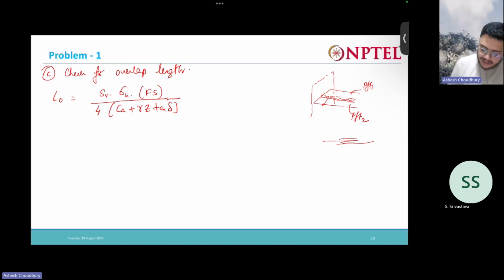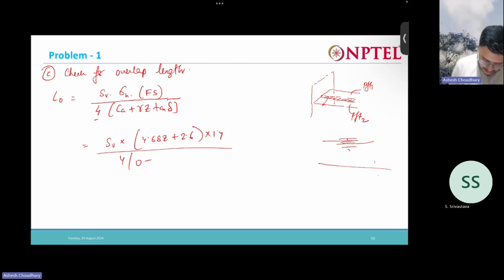As in pull-out capacity we have one surface, so 2 is there. Here we have two surfaces, so we'll have 4. So SV times again sigma h, you write, take 0.